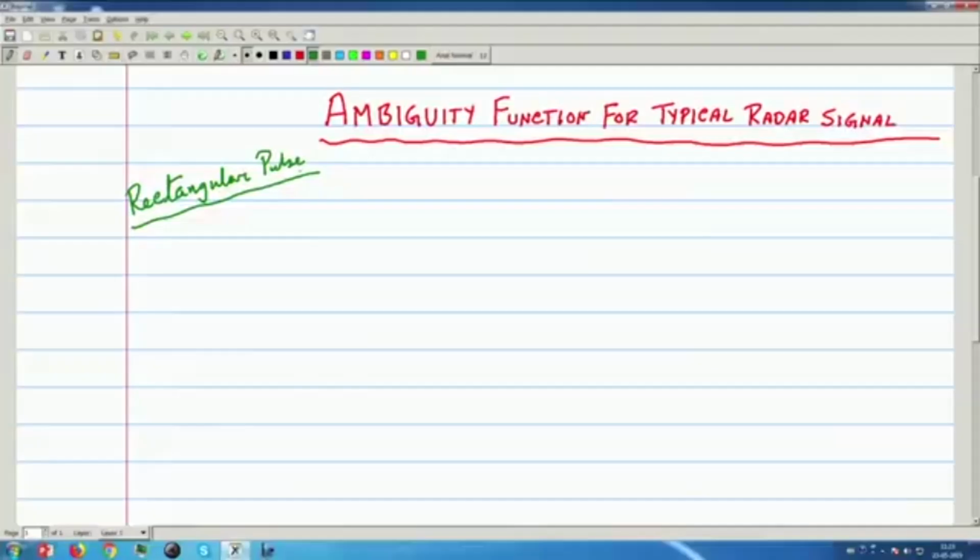So, we will now see what is the shape of the ambiguity function for the rectangular pulse, and then we will see one more pulse, Gaussian. If instead of a rectangular pulse which has a sharp rise and fall, we have a Gaussian type of pulse, how does the ambiguity function change, and from that we will see some more interesting things.